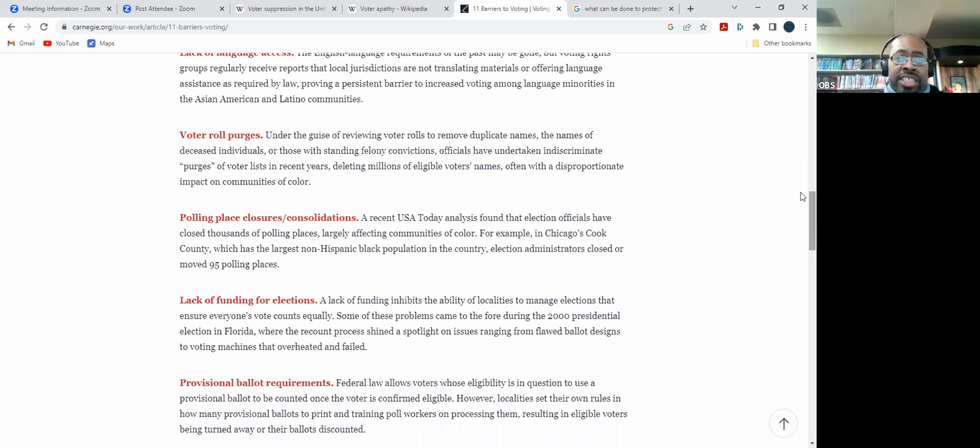We've also seen that in a lot of states, Alabama included, they purge the voters' rolls. Under the guise of reviewing voters' rolls to remove duplicate names, the names of deceased individuals or those with standing felony convictions, officials have undertaken indiscriminate purges of voters' lists in recent years, deleting millions of eligible voters' names, often with a disproportionate impact on communities of color.